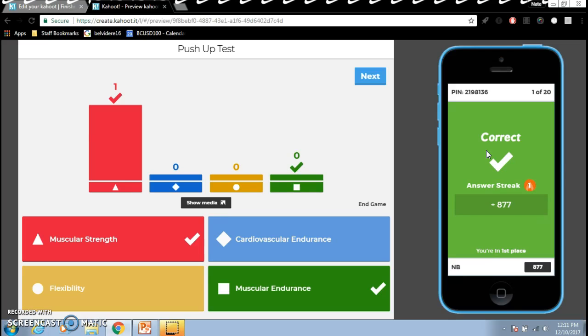But hopefully my students would answer that it is muscular strength, and then what I would do is assign, say, 5 push-ups for the students to do to connect the question to physical exercises. If my students couldn't do that, I could have them do modified push-ups, push-ups at their knees, or if it was too easy for them, I could have them perform a diamond push-up that is more difficult. And then we would move on to the next question.